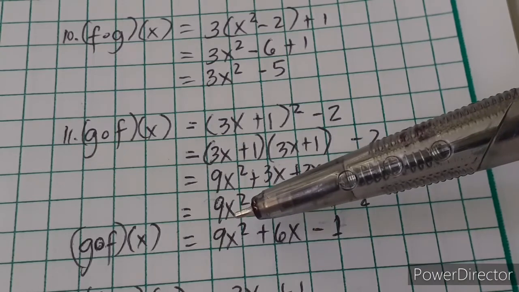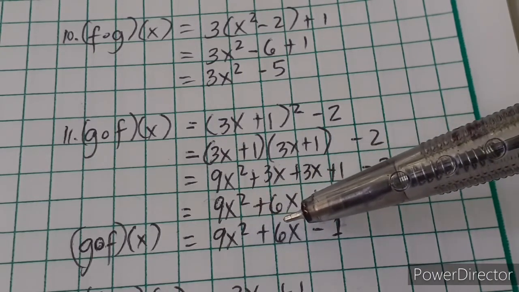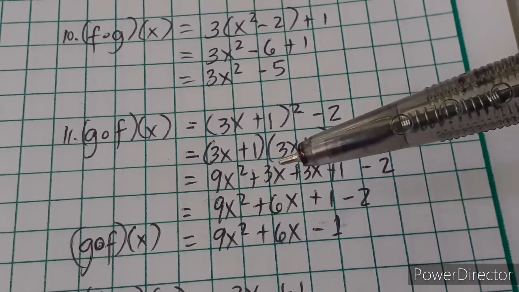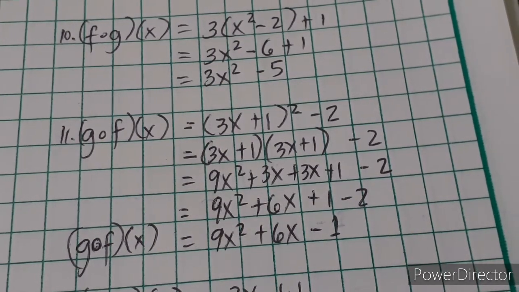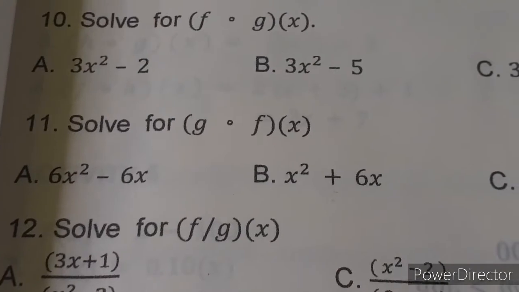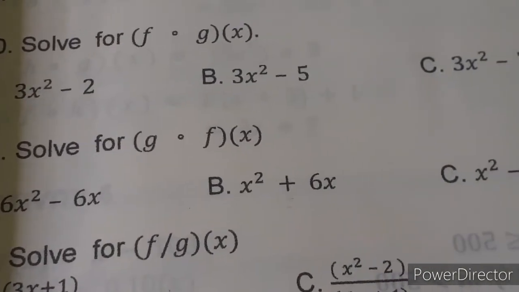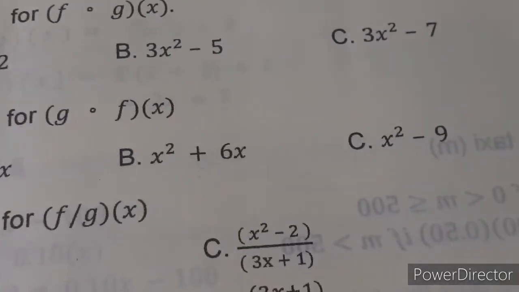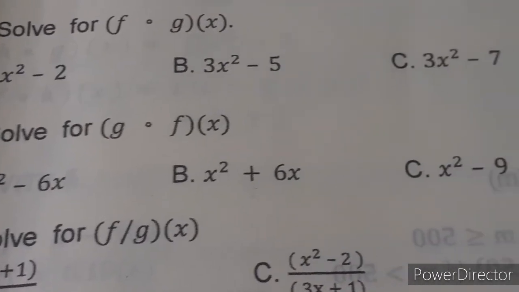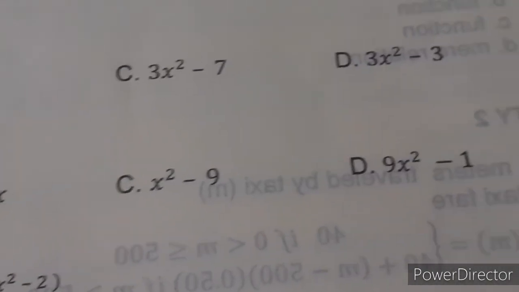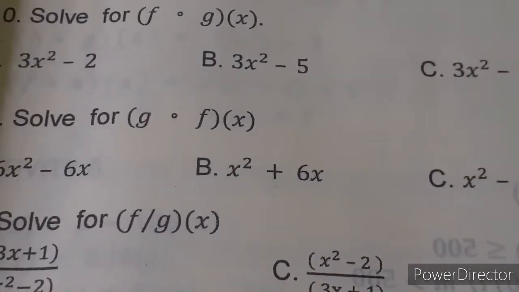And our final answer is 9x squared plus 6x minus 1. This is g of f of x. If we check the answer key, 9x squared is not found in the answers given here. It's not there. So in that case, you have to write your answer.